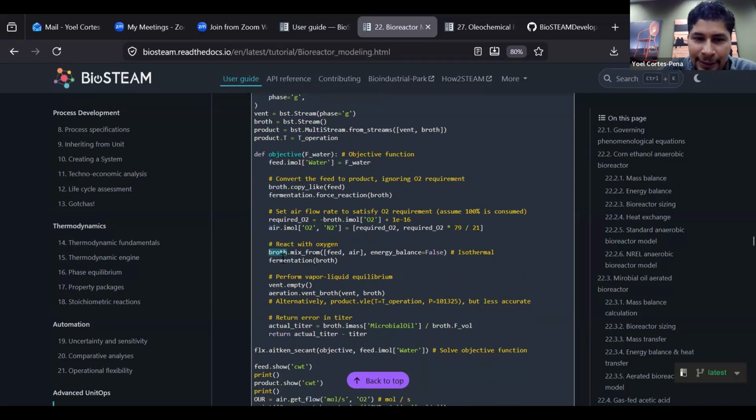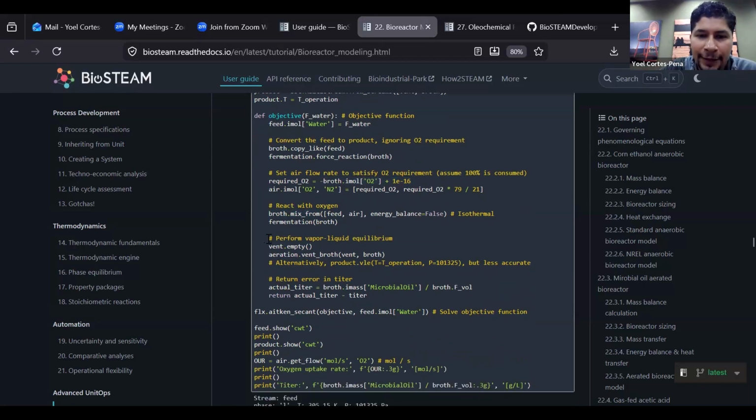Then we redo the calculation again so that the amount of oxygen is accounted for. In other words, first we're doing the calculation without any oxygen. Then we find out how much oxygen is required and we add that in. And finally, we can react with the appropriate amount of oxygen, and there we get our true product. Finally, we perform vapor liquid equilibrium.